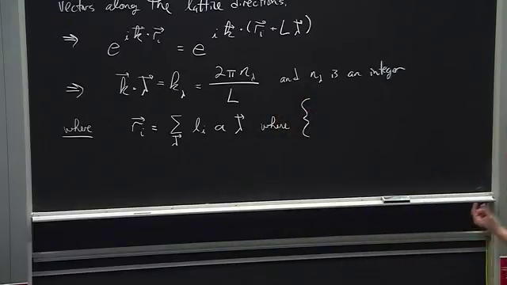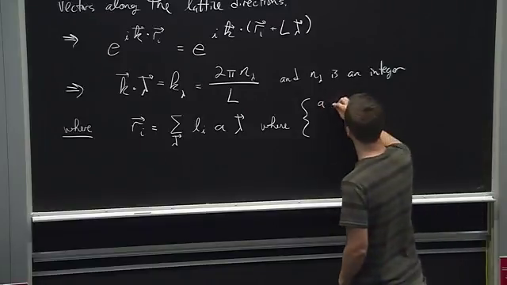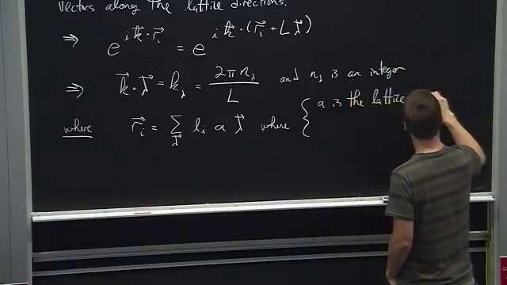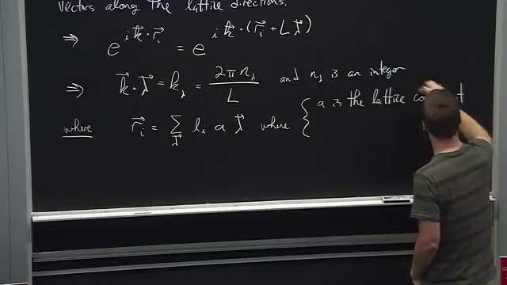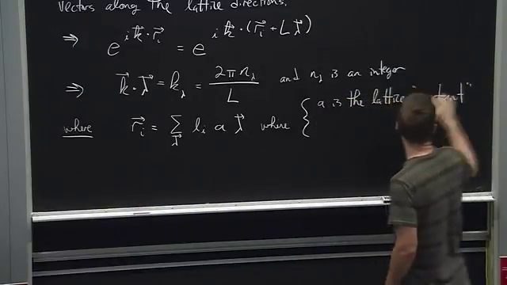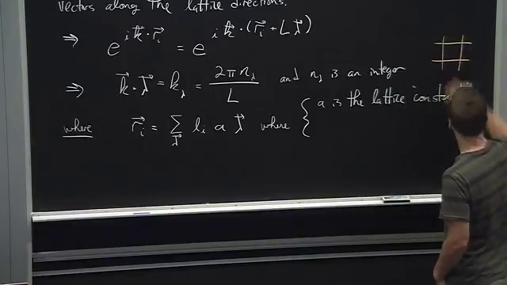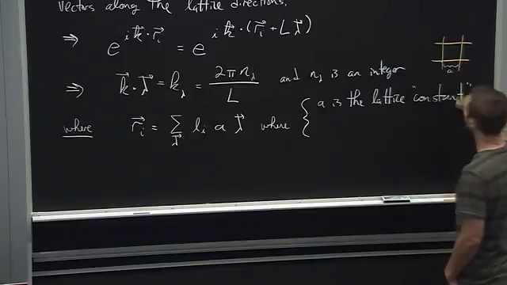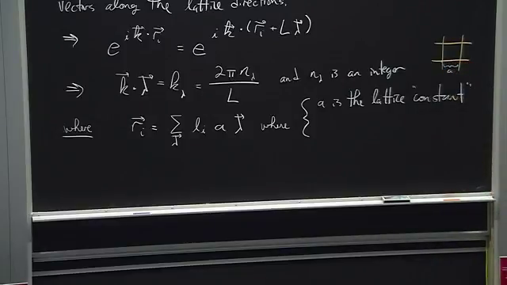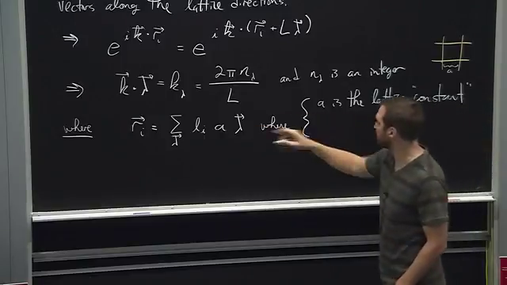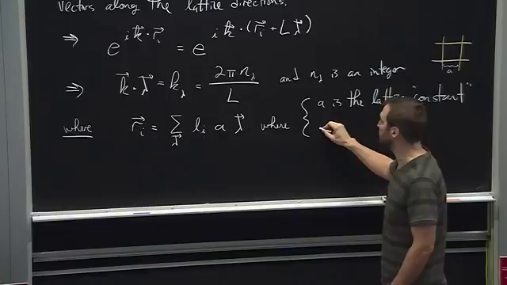A is going to be the lattice constant in real space. Meaning A is the distance between 2 neighboring points, an angstrom, whatever the lattice is. And L is, in this case, the integers in real space.